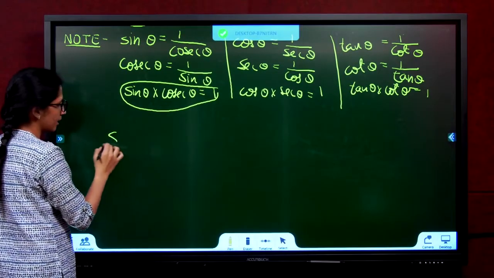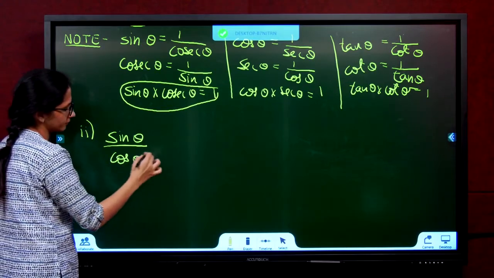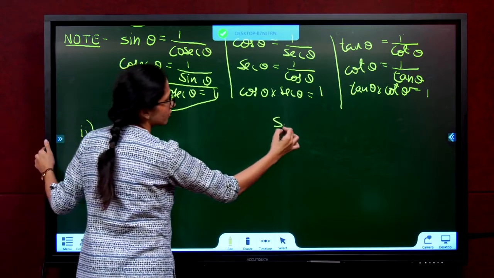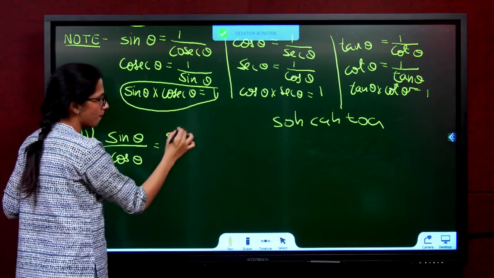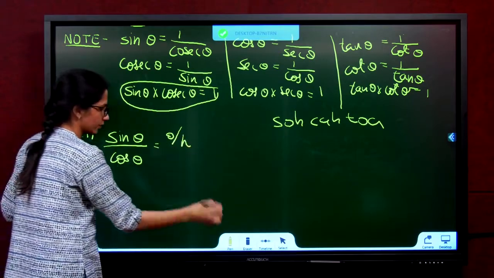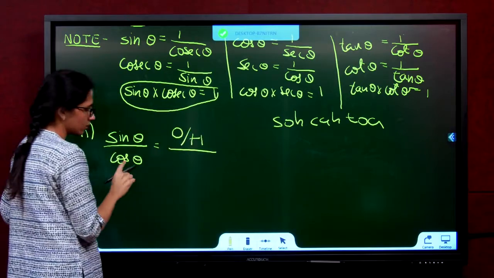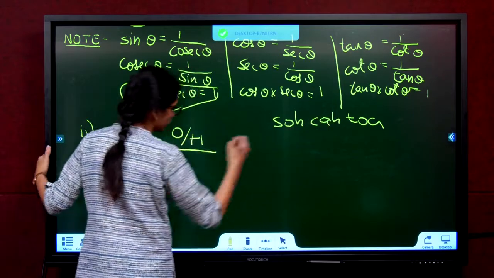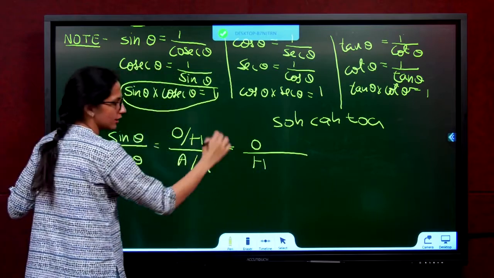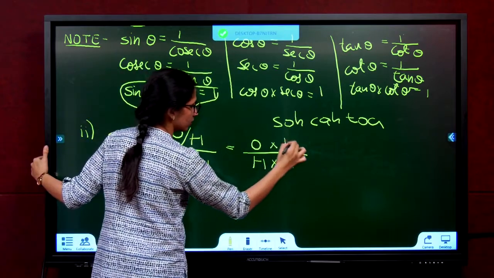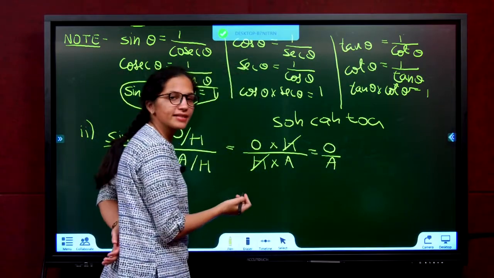SOHCAHTOA. Let us take the next note, sine theta by cos theta. Sine theta is opposite by hypotenuse. Cos theta is adjacent by hypotenuse. So H will go down, H will go up. H cancels. O by A. Opposite by adjacent is whom?